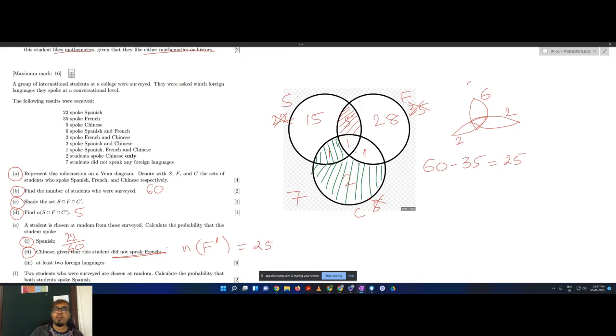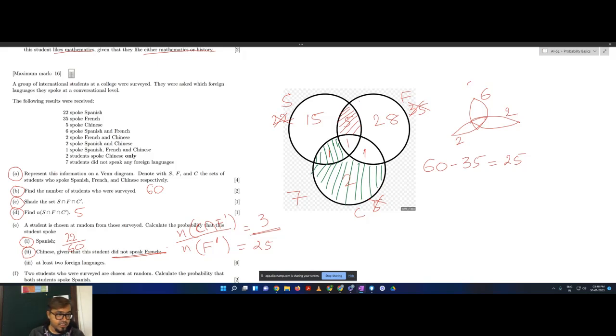So we've included those who speak Chinese, and those who speak both Spanish and Chinese but not French. So we are looking at the number of people who speak Chinese, C intersection F prime. That is going to be 3. So 3 out of 25 is the probability that the student will speak Chinese but not French.